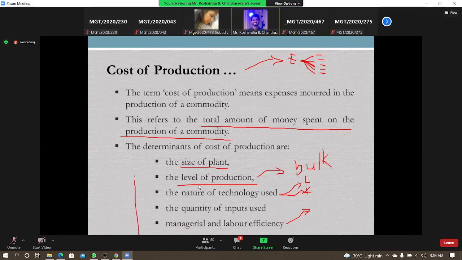Likewise, different types of determinants for the cost of production. Easy concept.